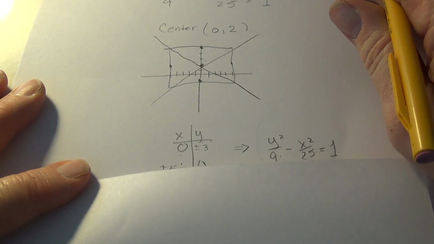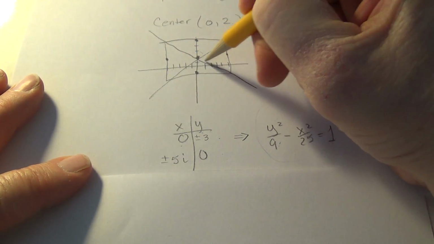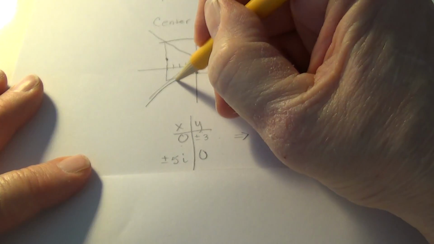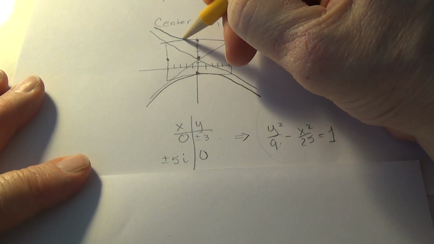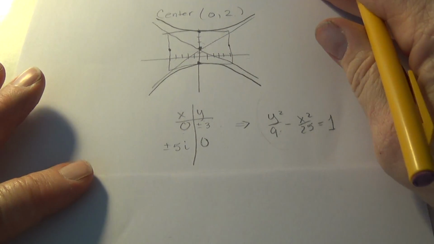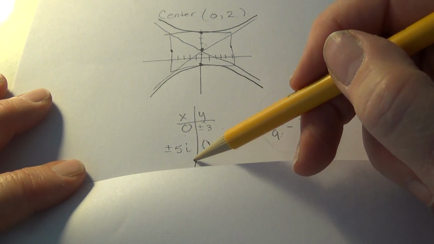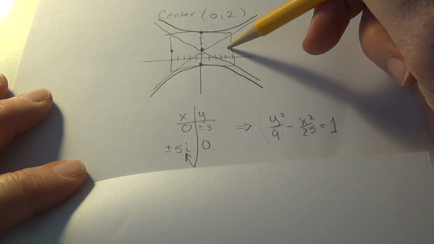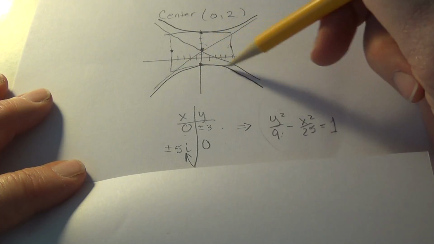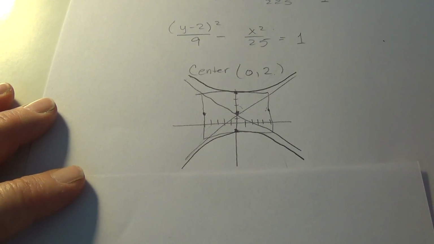These will be the asymptotes. This little chart also tells me which way it goes, because it helps us get the box, but the point is not real. So that point is not going to be on the hyperbola, so it must open up and down, vertically. All right, good to go.